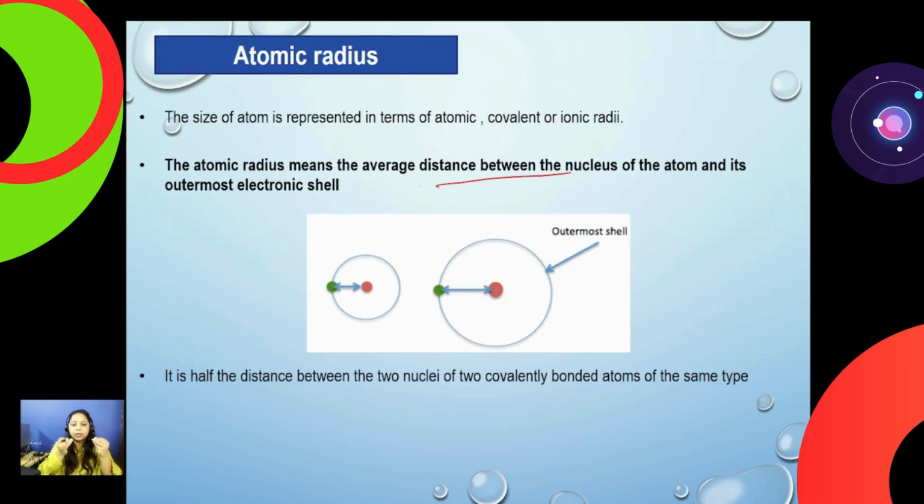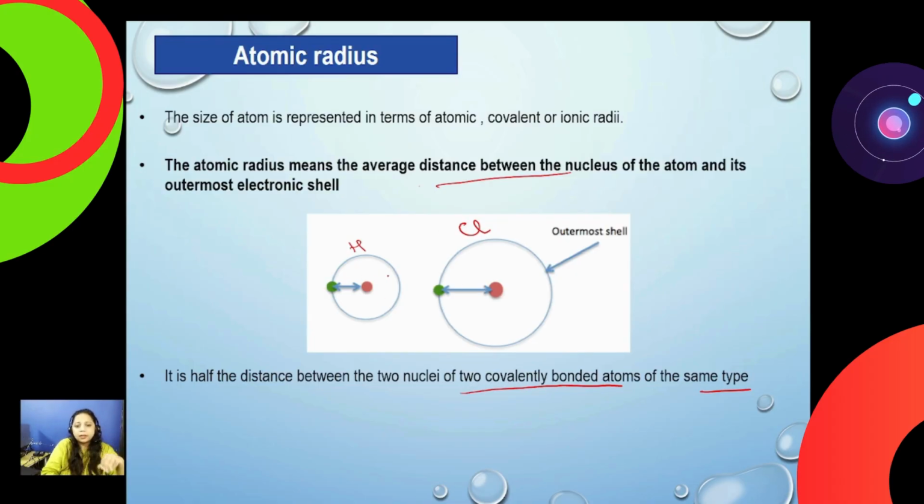We have to take the distance between the two nuclei of the same type of atoms that are covalently bonded. Why? For example, if it is H and Cl, the radius is different for both, so I cannot just take the average of these distances. It will affect my result.